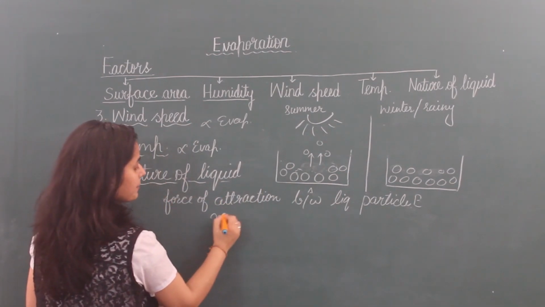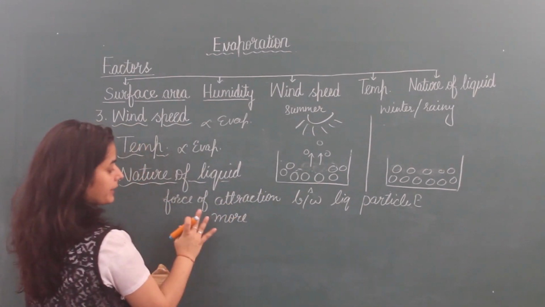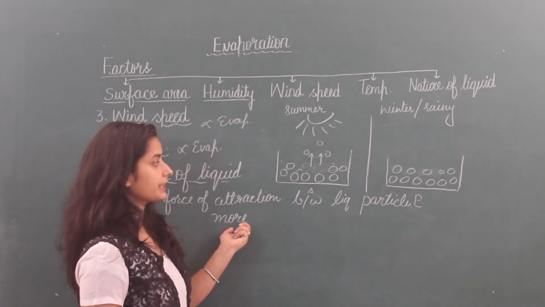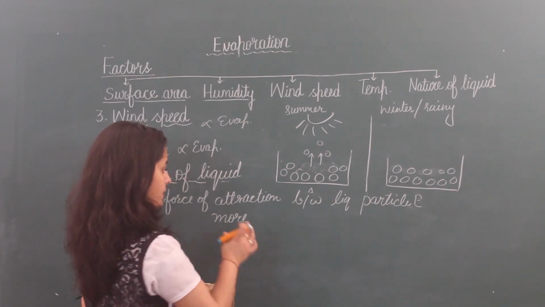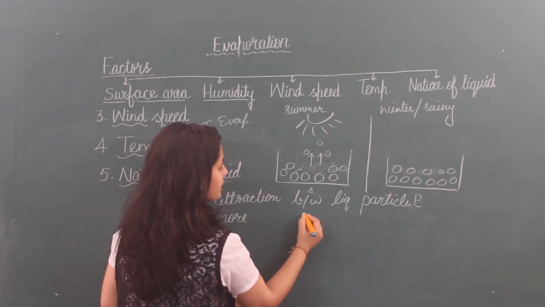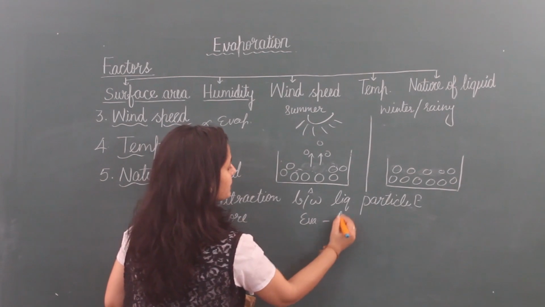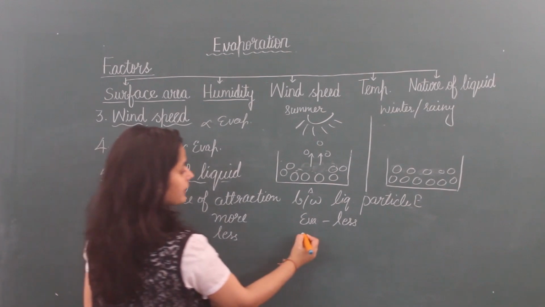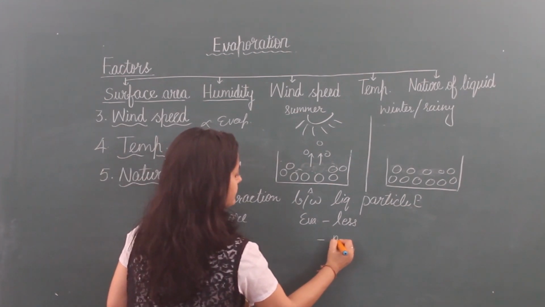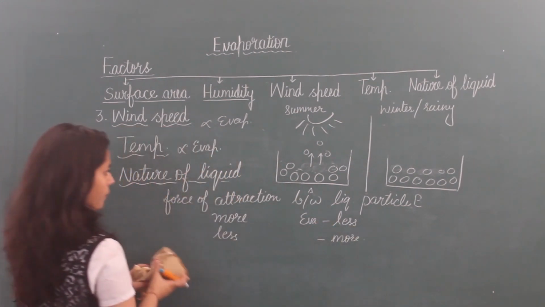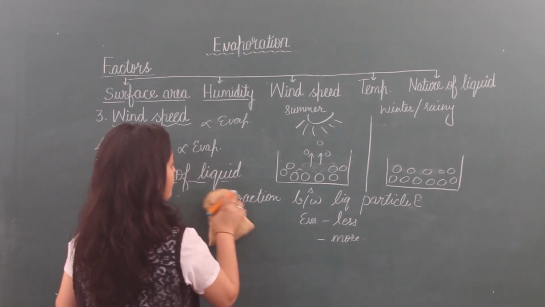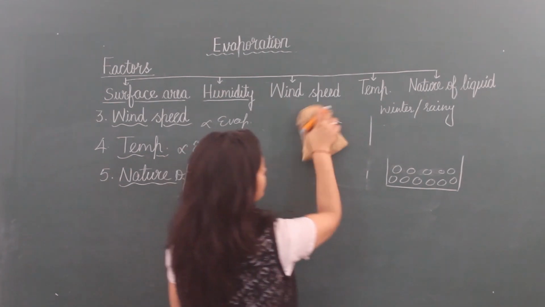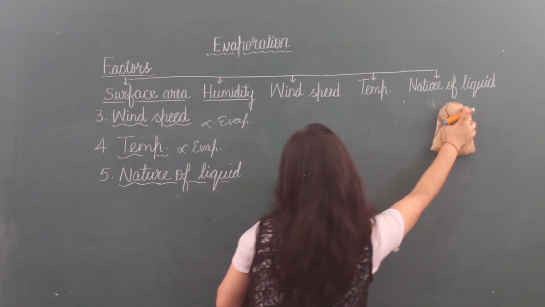If particles have more force of attraction, then they need more energy to break this force of attraction and convert into vapors. So if force of attraction is more, evaporation will be less. And if force of attraction is less, then evaporation occurs easily. So it will be more. So in nature of liquid, force of attraction we are taking, and it is inversely proportional to evaporation.